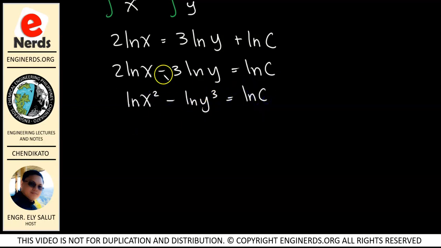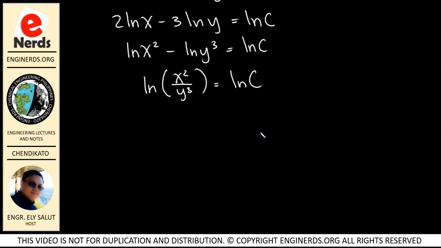Okay, so now I can still simplify this as ln (x²/y³). This is equal to ln c. Okay, so another property of logarithm, e^(ln(x²/y³)) is equal to e^(ln c).